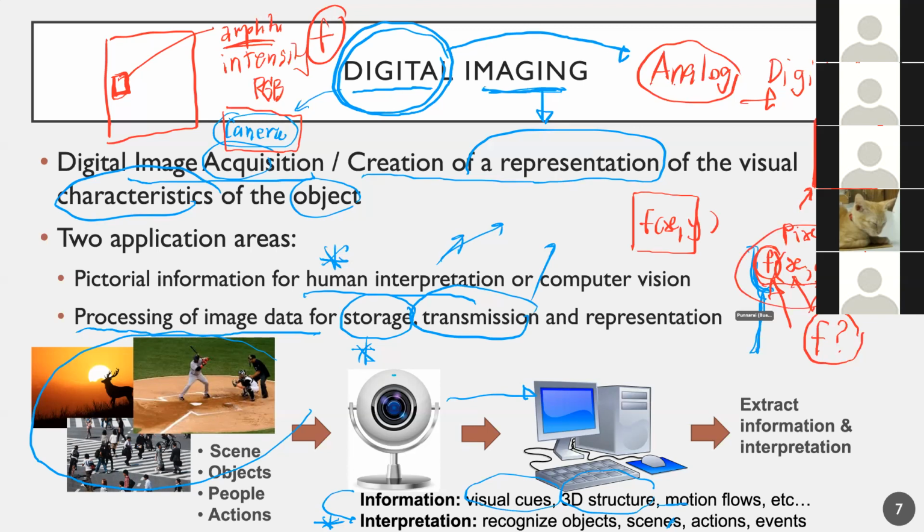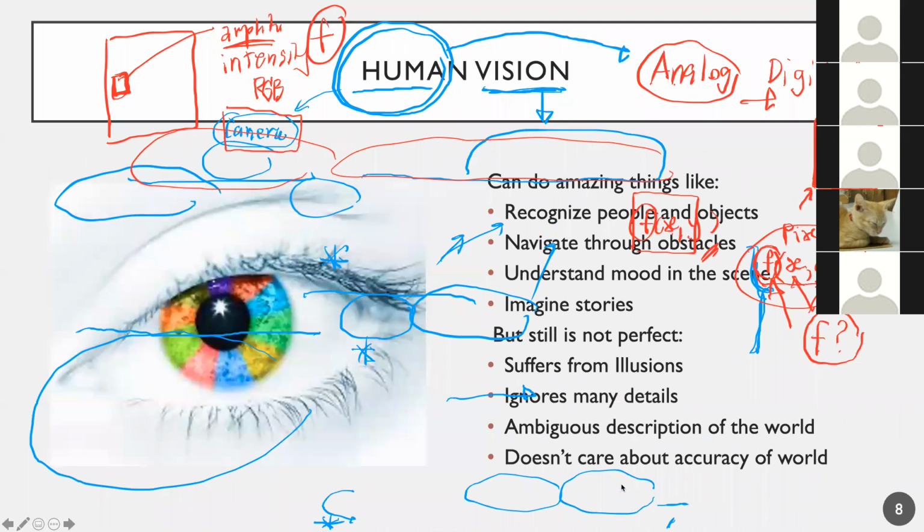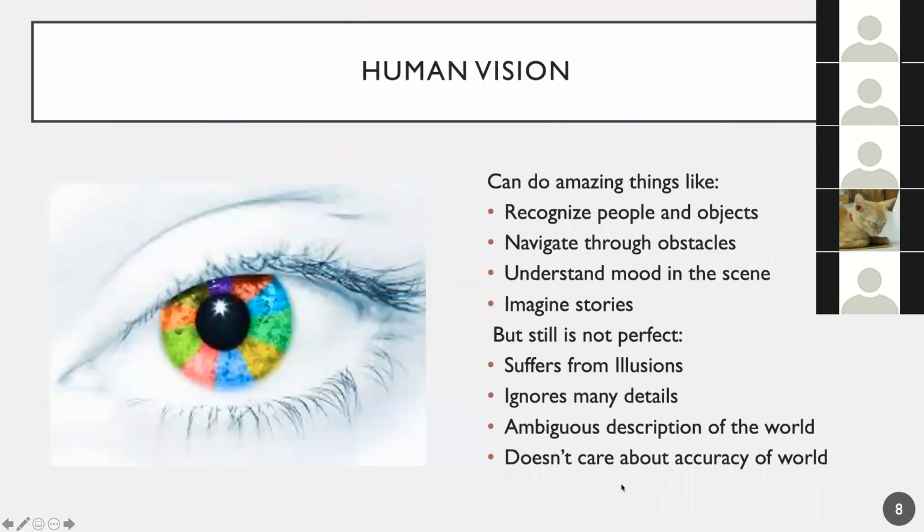So I just want to let you know that imaging involves image acquisition and the creation of representations, and you can represent them in terms of a function of two variables, x and y, where x and y are the position and f is the intensity or amplitude. Okay, so that's the very beginning of digital imaging.